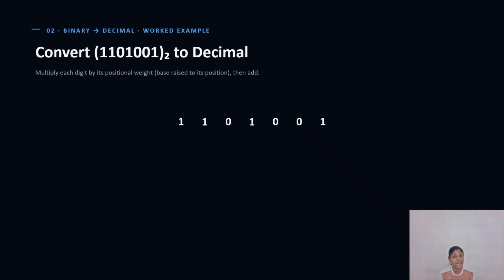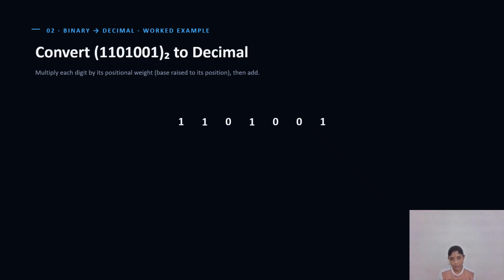Bit 6 is again 1, but it is the farthest from the base, so that is your MSB, the most significant bit, and the nearest one is your LSB.